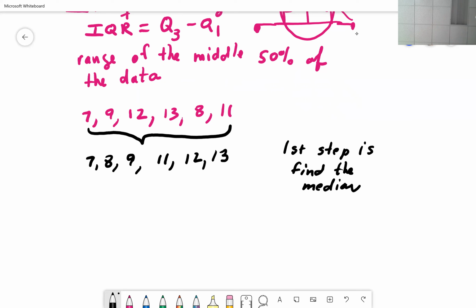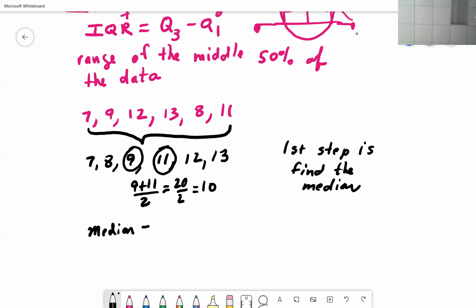What's 6 divided by 2? So you take the third number and the fourth number, add those two and divide by 2. All right, so the median here is 10.